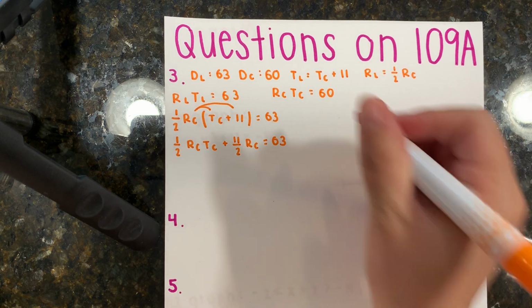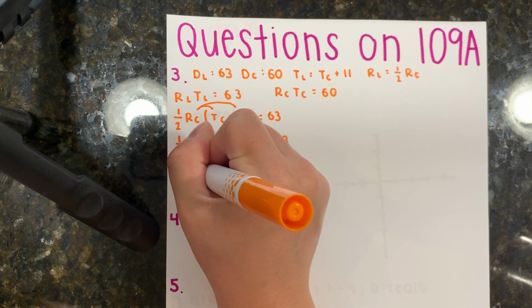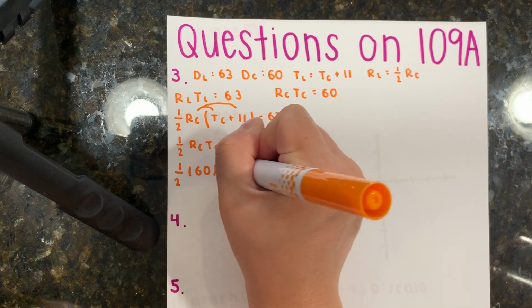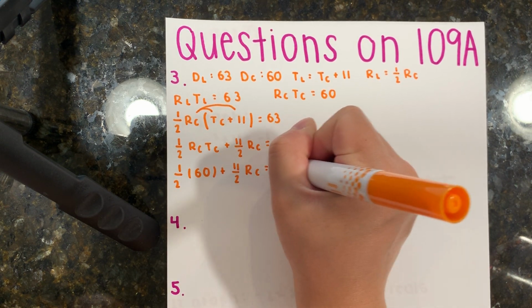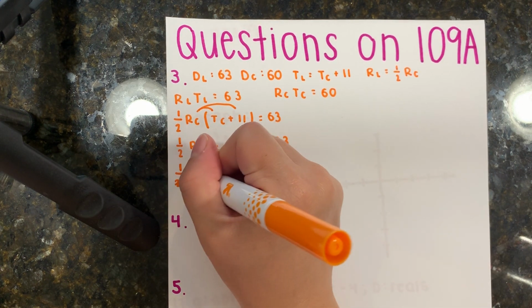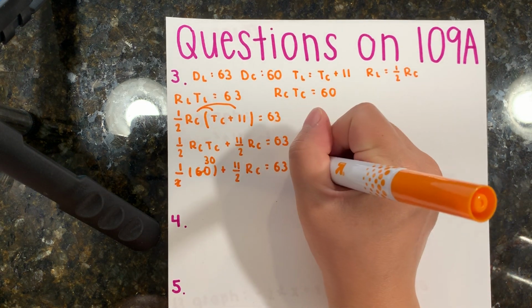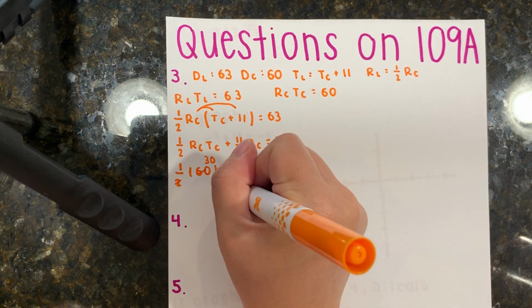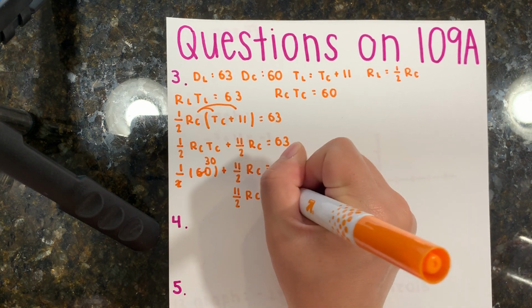I know that RC TC is equal to 60, so that would be 1/2 of 60, which is 30, plus 11 over 2 RC equals 63. Move the 30 to the other side, and I'm going to get 11 over 2 RC is equal to 33.